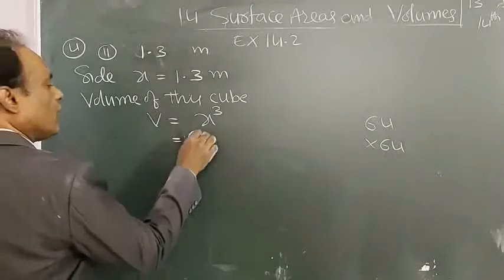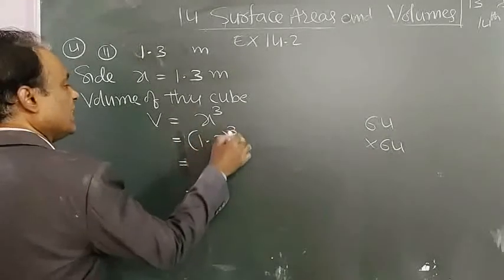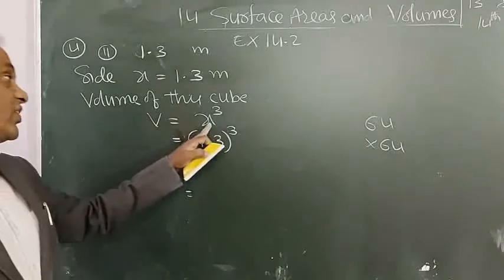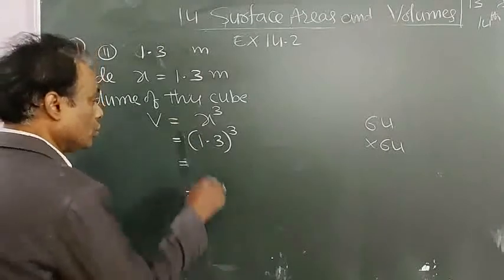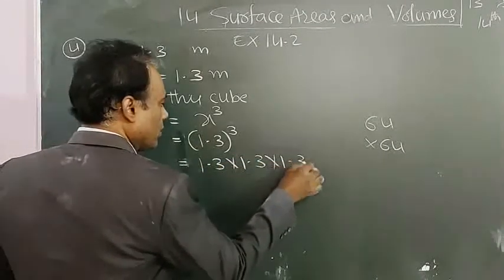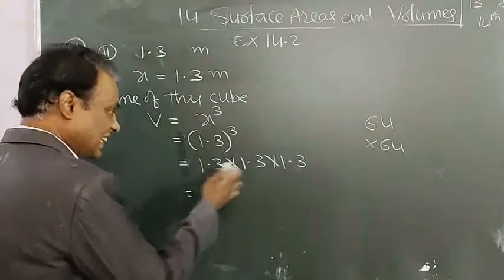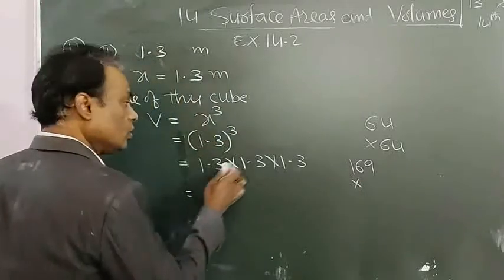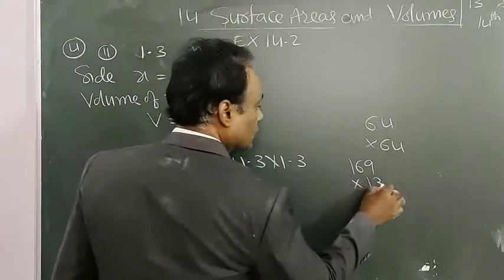Volume of the cube formula is x cube, that means side cube. What is the side? 1.3. So 1.3 whole cube, that is 1.3 into 1.3 into 1.3. 13 into 13 is 169, and 169 into 13.